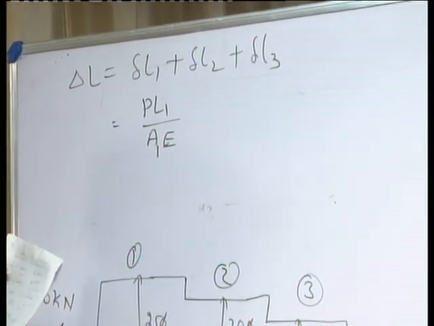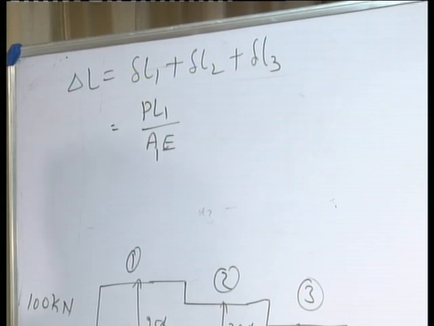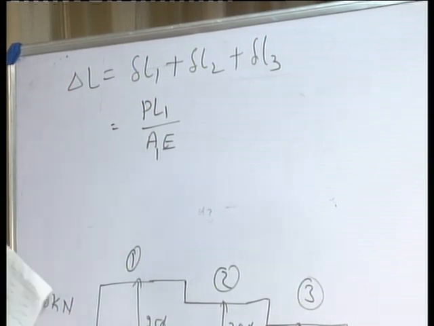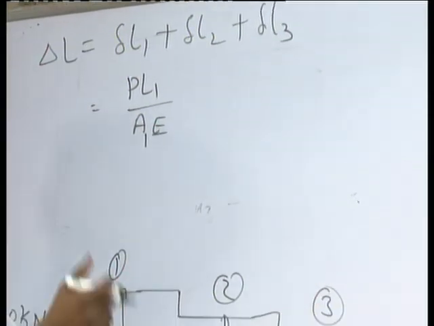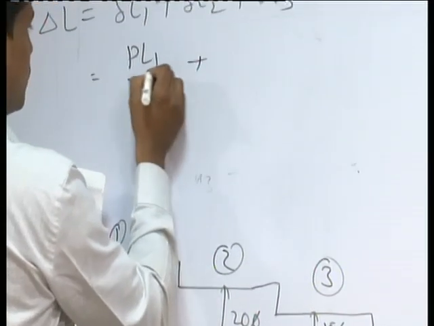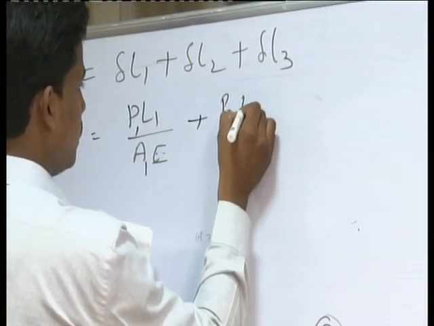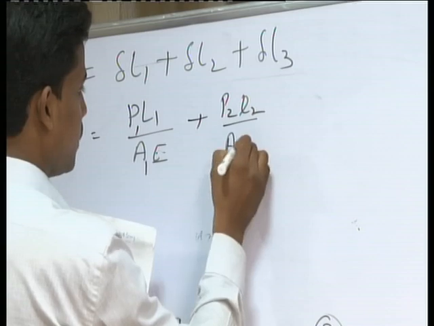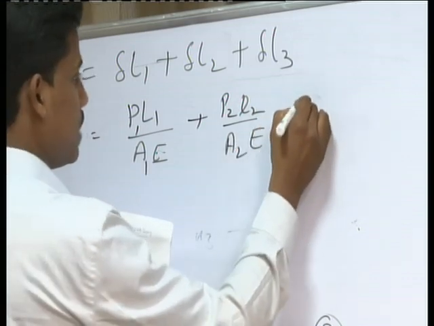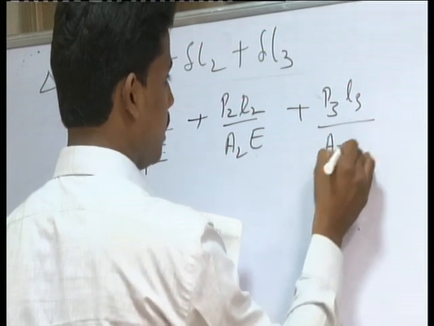Here the material is the same, so the value of Young's modulus remains the same, but the cross section changes, so the area changes. So P1 L1 by A1 E plus P2 L2 by A2 E plus P3 L3 by A3 E.